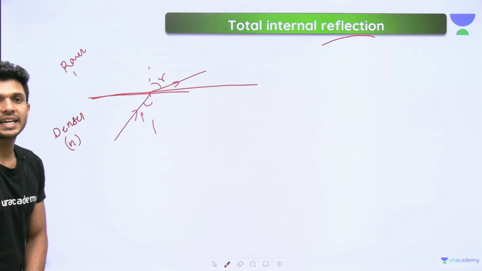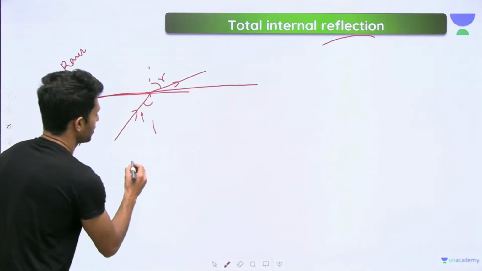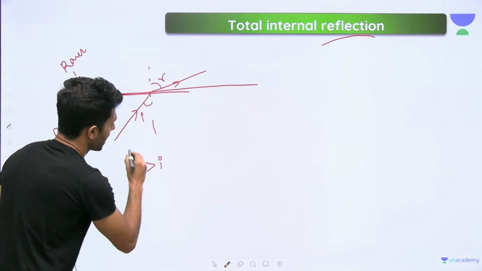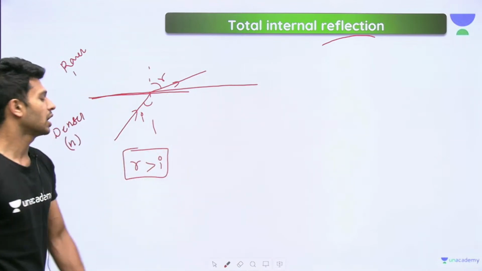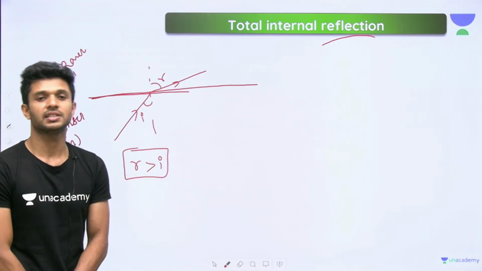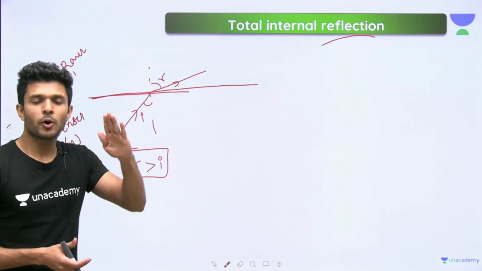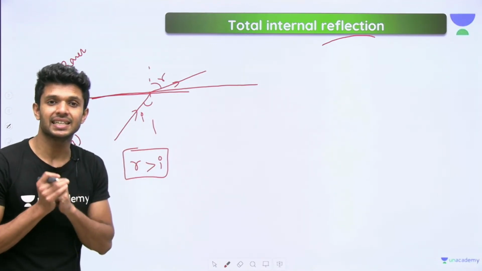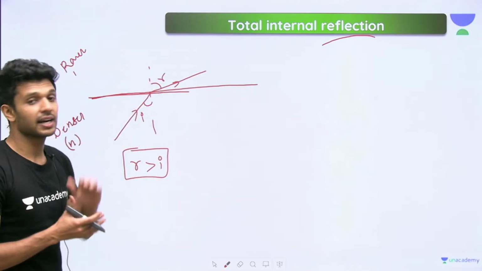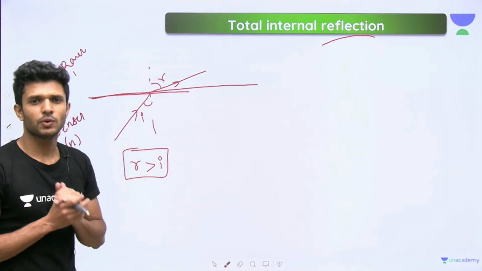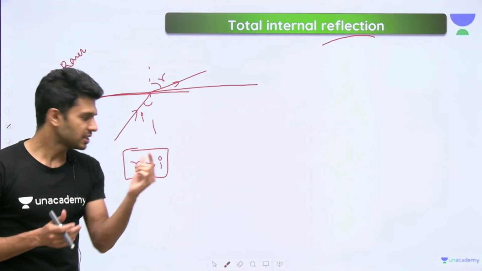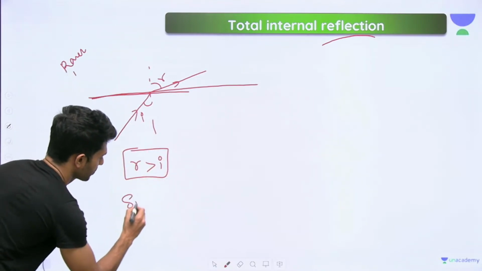Which means for a light ray traveling from denser to rarer, which value will be greater? Angle of refraction is always greater than angle of incidence, isn't it? If I keep on increasing the angle of incidence, what will happen to the angle of refraction? It will increase, right? If anyone has doubt, don't worry, look.